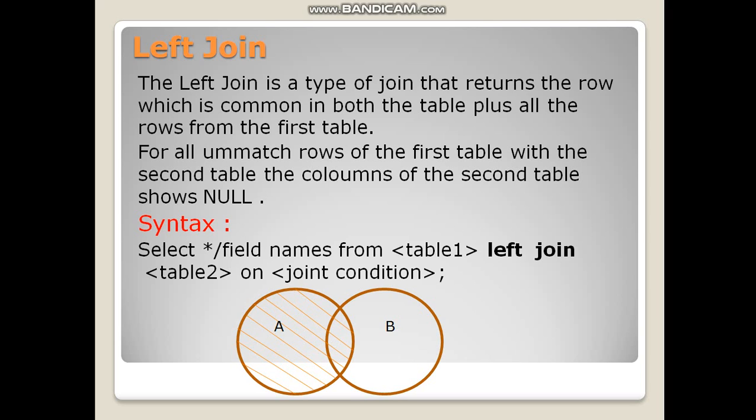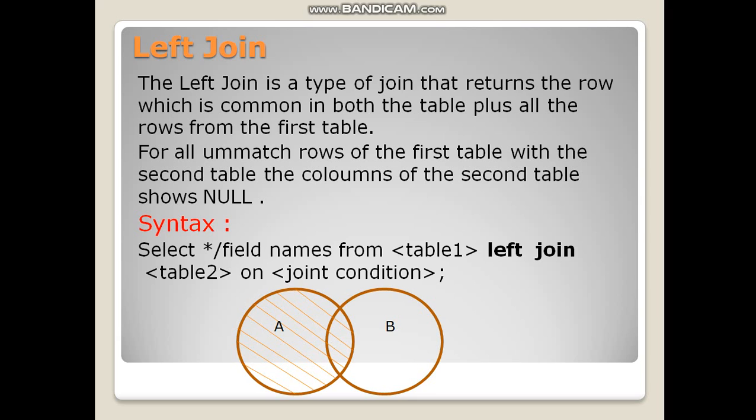For example, if I want to display all the rows of the employee table with their department name, and also the employees who have not got a department, for that I will use the LeftJoin.